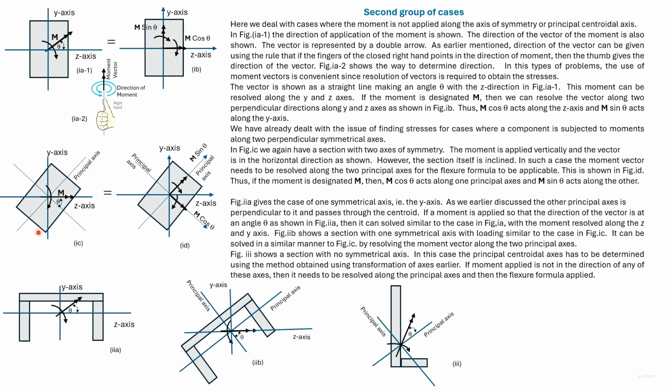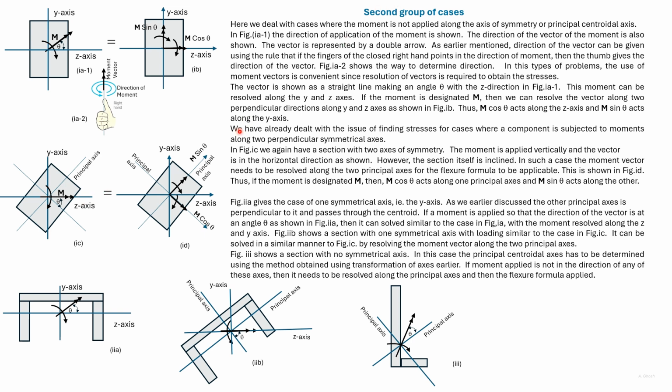Here we have a rectangular case where the rectangle is at an angle to the initial y and z axis. And in this case, it is shown that the moment is applied about the z-axis. So the moment vector is along the z-axis.